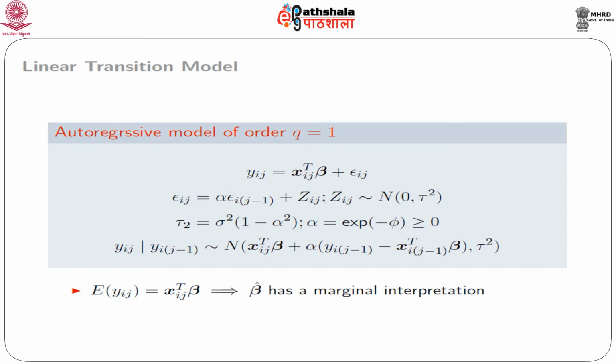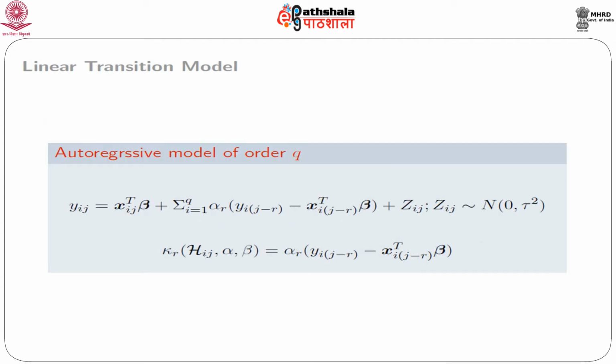Now if we ask what the marginal mean of this is, the expectation of y_ij comes out to be x_ij transpose beta, just the marginal mean. So beta hat has the marginal model interpretation.